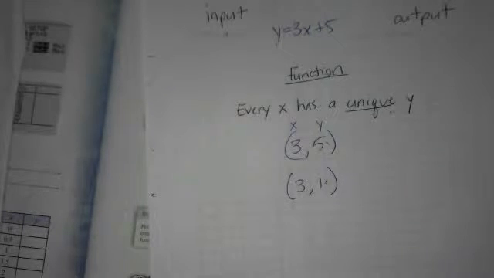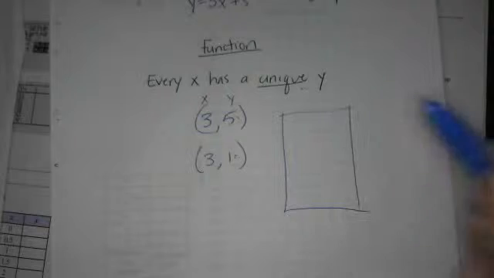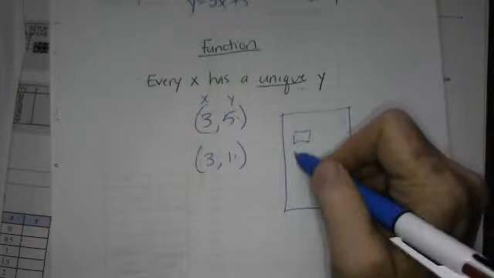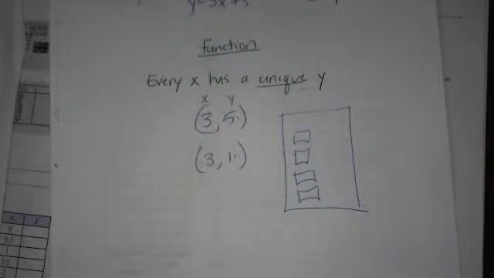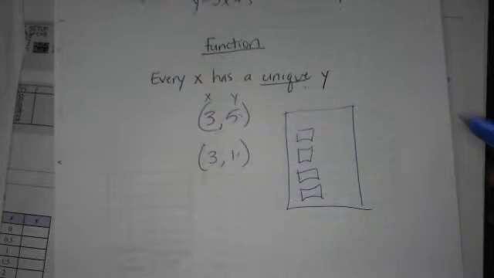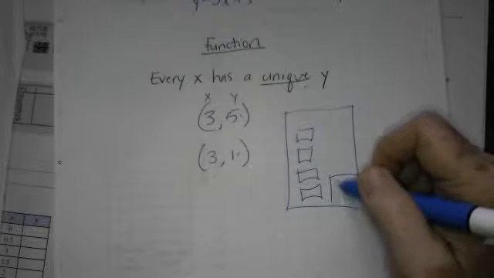I think this was in my book I taught out of last year. They said a function's kind of like a soda machine, and they'd show a little picture of a soda machine, and the buttons are the X's. You know how when you walk up to a soda machine, there's a hole, and somehow your soda comes out down here somewhere.